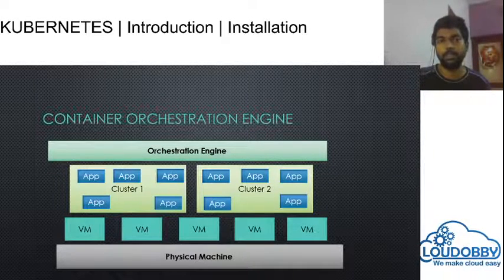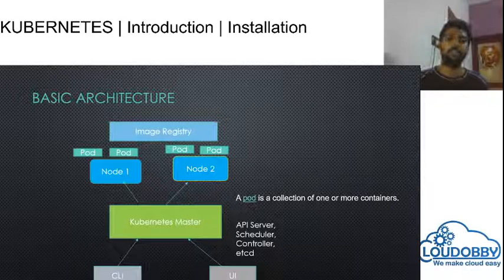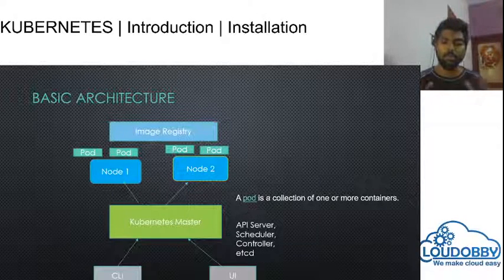Now I move on to the basic architecture. Kubernetes has a Kubernetes master, and it controls the nodes, nothing but your compute physical machine or host. On top of the host we have the pods. Pods are Kubernetes' kind of containers. A pod is a collection of one or more containers.